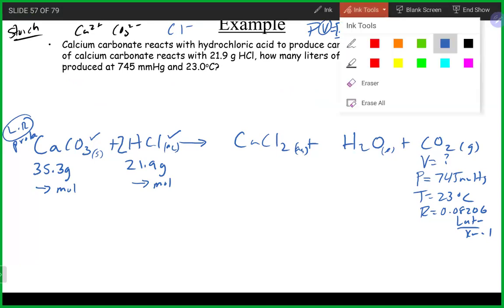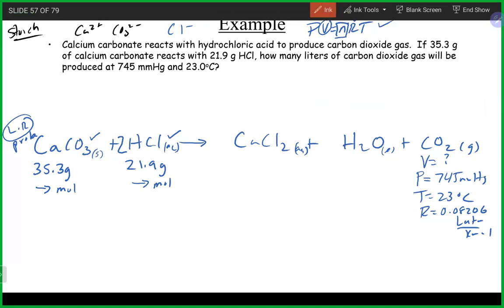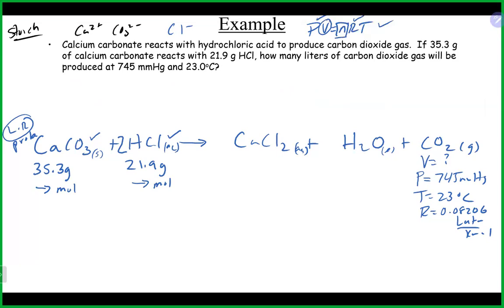So we're going to follow our normal steps, which is we do want to convert what they gave us into moles. So we'll take our 35.3 grams of calcium carbonate. We'll go to the periodic table and calculate the molar mass of calcium carbonate. So that is 40.08 for the calcium, plus 12.01 for the carbon, and 3 times 16 for the oxygen.